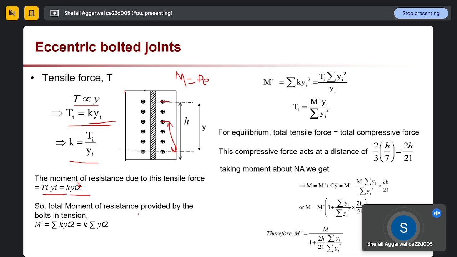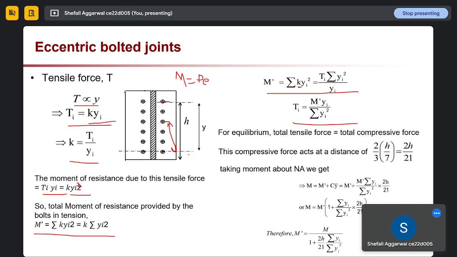Calculating the total moment, the total moment will be given by the summation of k y square. As y changes, our k y square value will change. If we apply k as Ti upon yi, we get the moment equal to Ti sigma yi square divided by yi. Changing the arrangement, we get the tensile force as moment into yi divided by the summation of yi square.